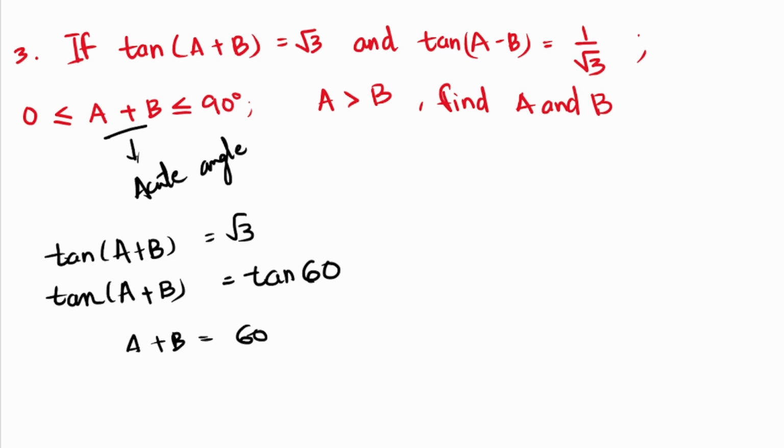If you want, you can cancel this tan and tan off. But mathematically, this is not correct, okay? But when we solve, we usually do this. The meaning is not correct. You already know that, in the last class we did, right? If sine A equals sine B, then A equals B, right? Remember, if sine of angle A equals sine of angle B, then these two angles are equal.